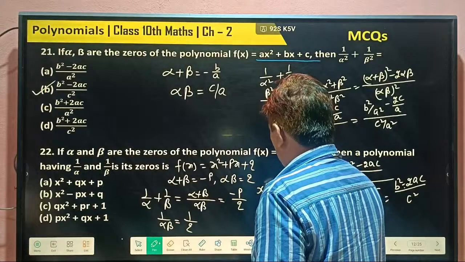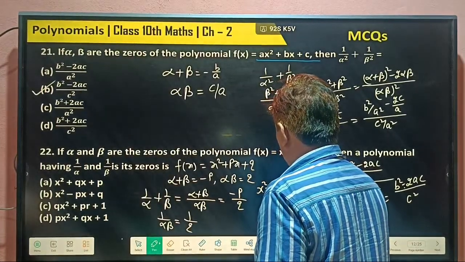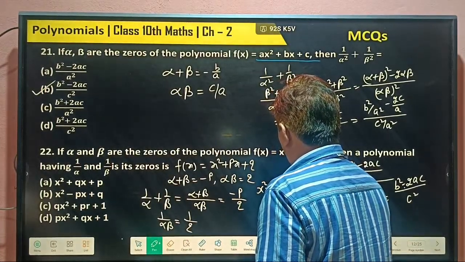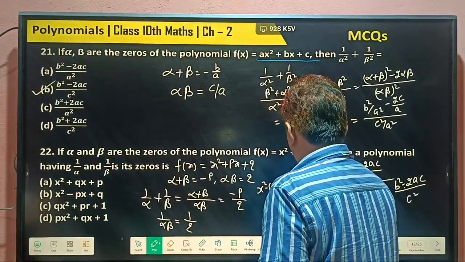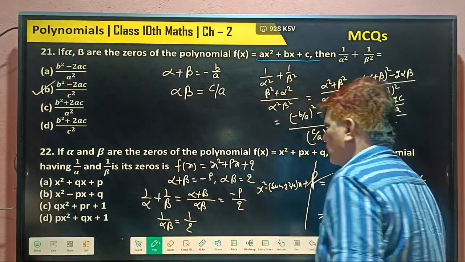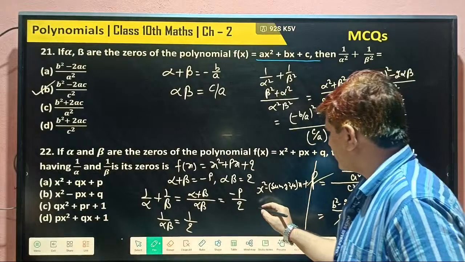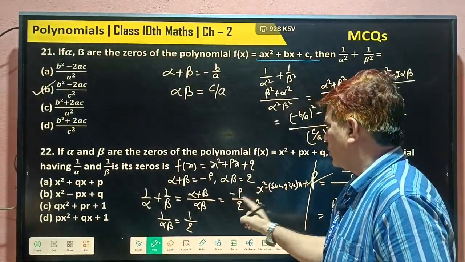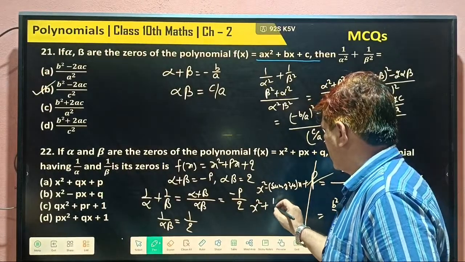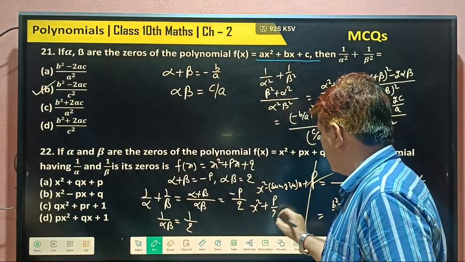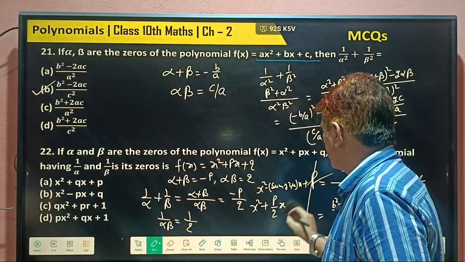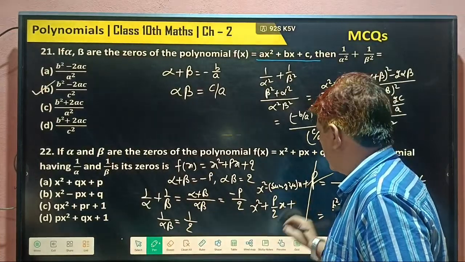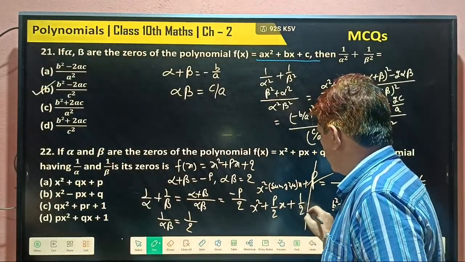The formula is x square minus sum of the zeros into x plus product of the zeros. So write x square, the sum of the zeros is plus p by q, x, plus the product of the zeros, 1 by q.